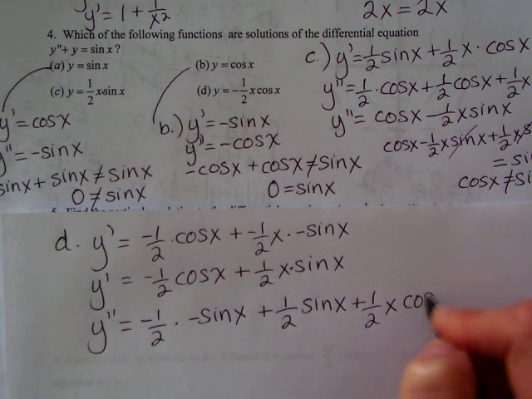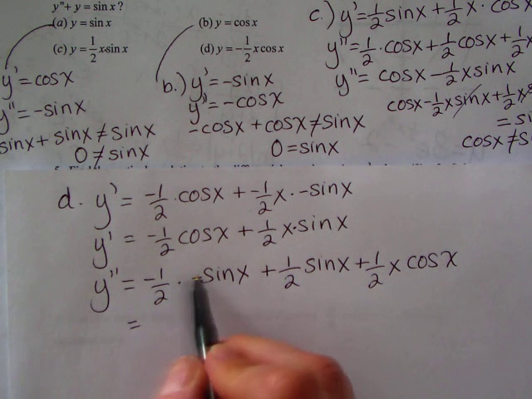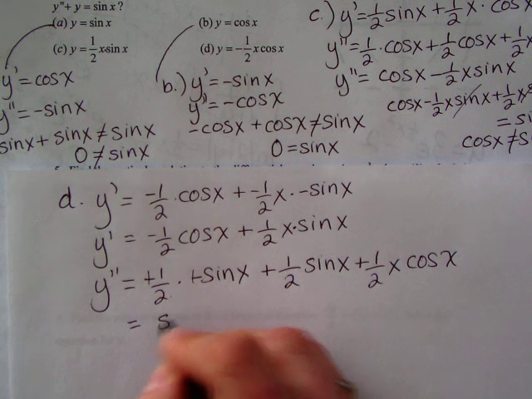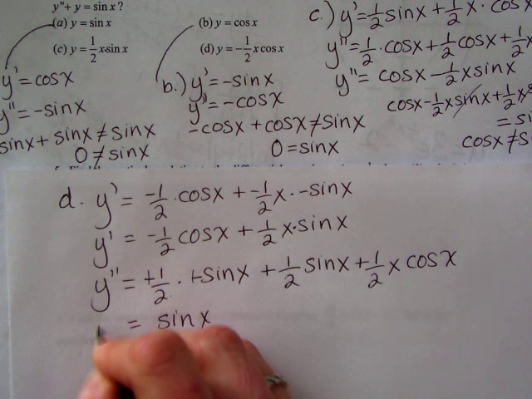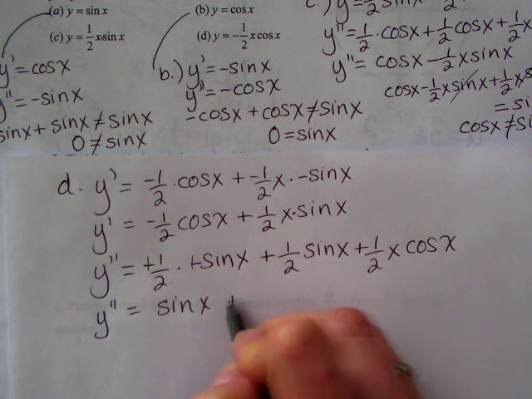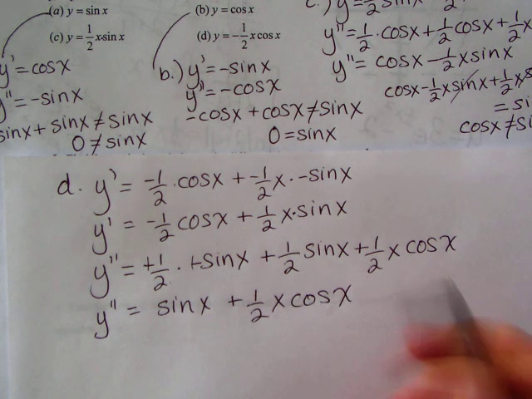The derivative of the sine is the cosine of x. So again, combining these, two negatives make a positive, and 1/2 sine of x and 1/2 sine of x make a whole sine of x. And we still have this 1/2 x cosine of x.